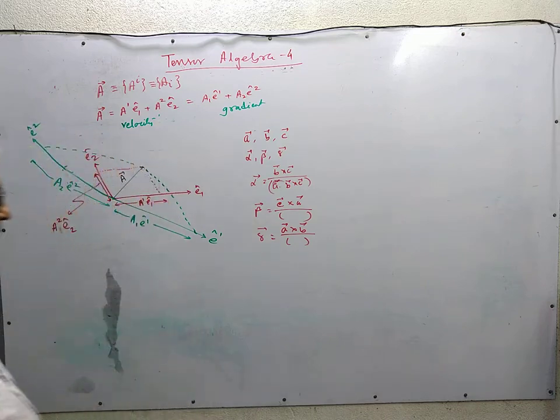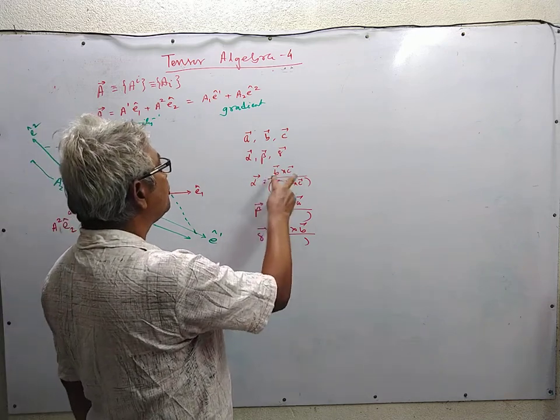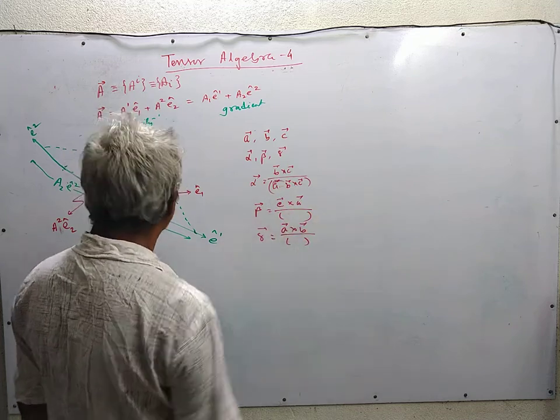These are the reciprocal basis set. You see that alpha is perpendicular to B cross C and so on and so forth.